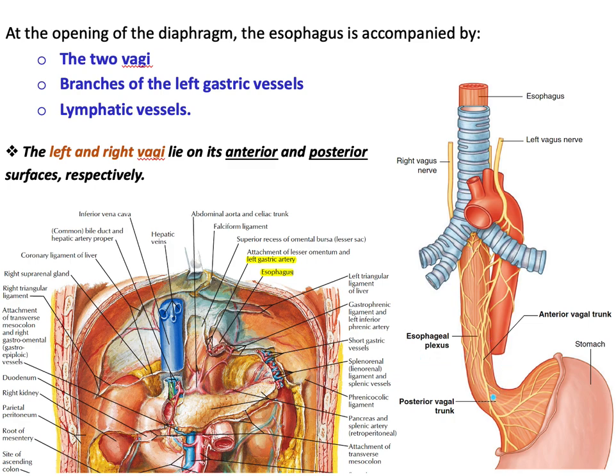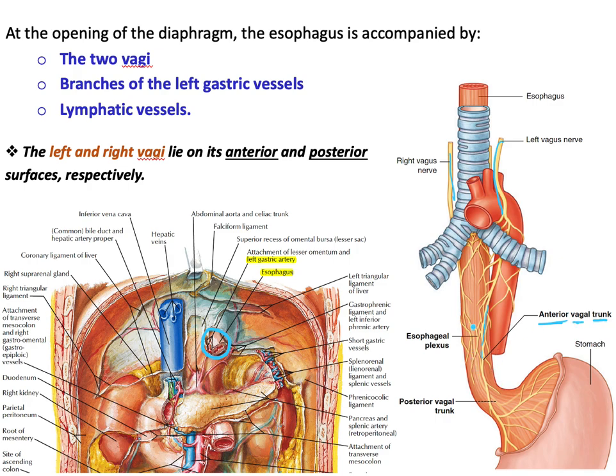Now, once the esophagus passes through the esophageal opening in the diaphragm, it is usually accompanied by a couple of structures. Most importantly, you remember the right vagus and left vagus nerves, and because of the rotation of the stomach, the left vagus now becomes anterior, and we call it the anterior vagal trunk.